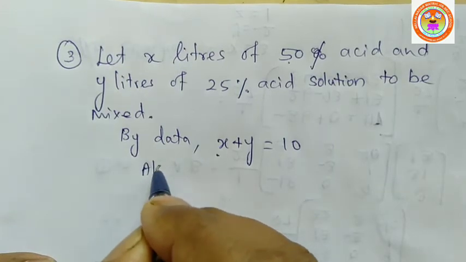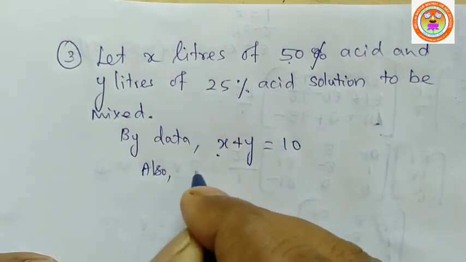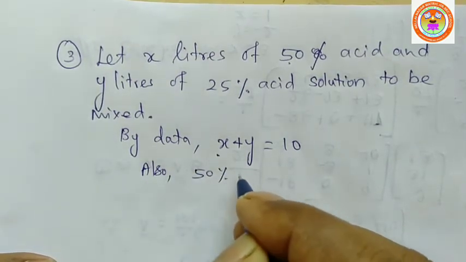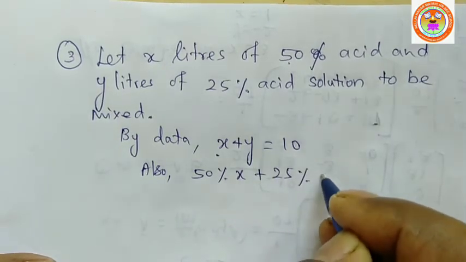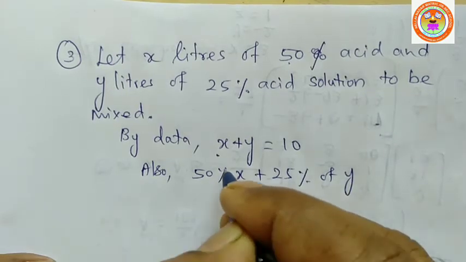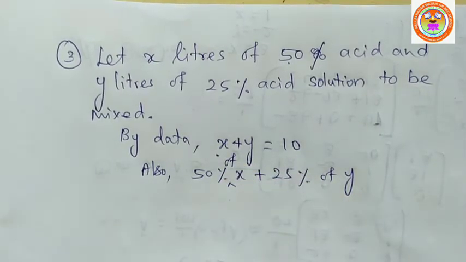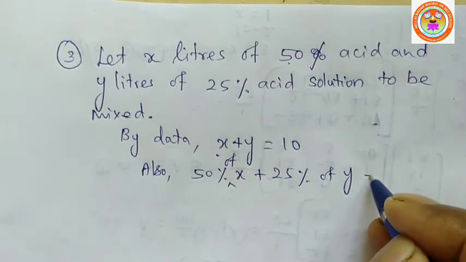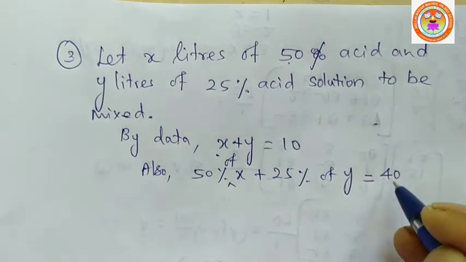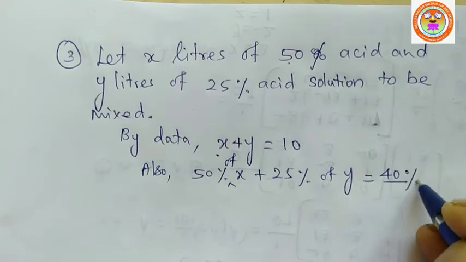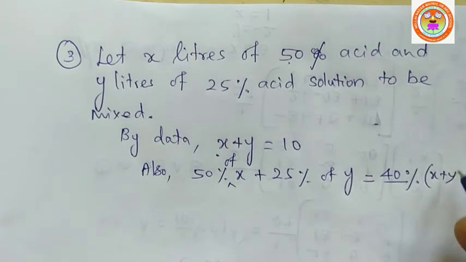So it is also given that 50% of x and 25% of y, in total 40%, that is 40% of the total solution, x plus y.